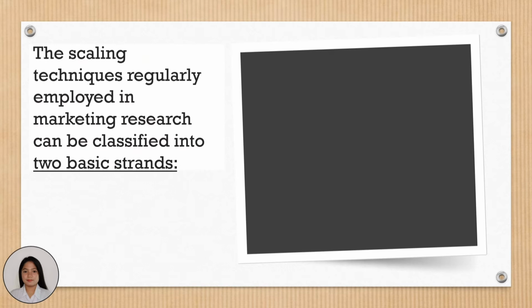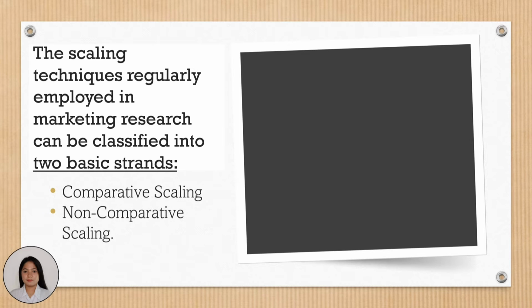Now, we are going to discuss how researchers can take on the task of measurement using various scaling techniques. The scaling techniques regularly employed in marketing research can be classified into two basic strands. First is comparative scaling and second is non-comparative scaling. Comparative scaling involves direct comparison of stimulus objects with one another.